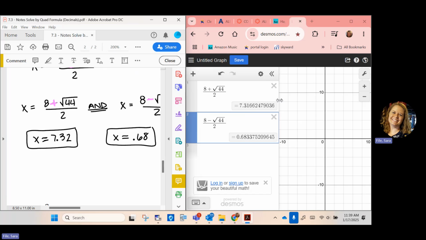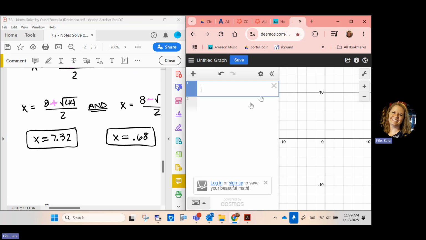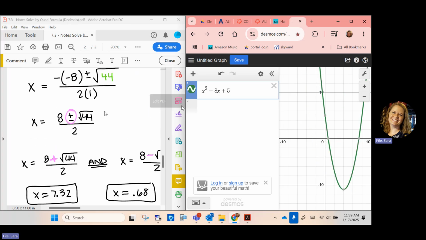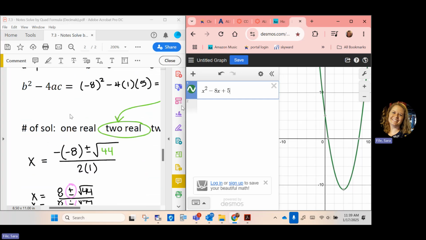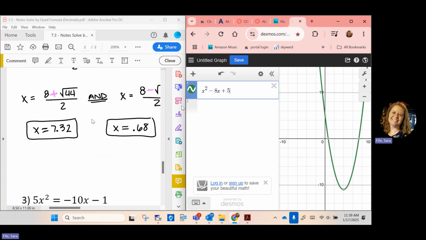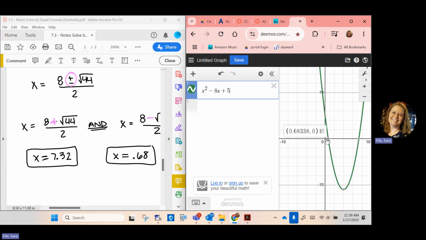Now, I can confirm this graphically, meaning I can check the graph of this original equation that was given, which was x squared minus 8x plus 5. That was it, right? Let me double check. X squared minus 8x plus 5. I can look at this graph, and what do you see? What is the decimal at the x-intercept?